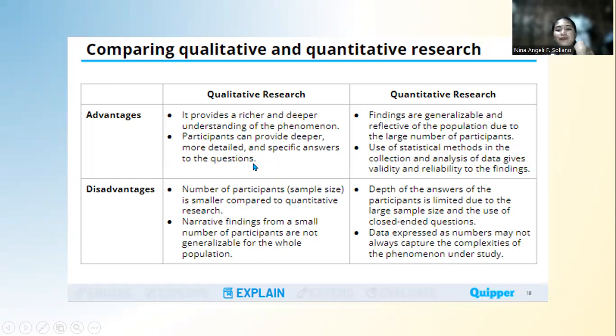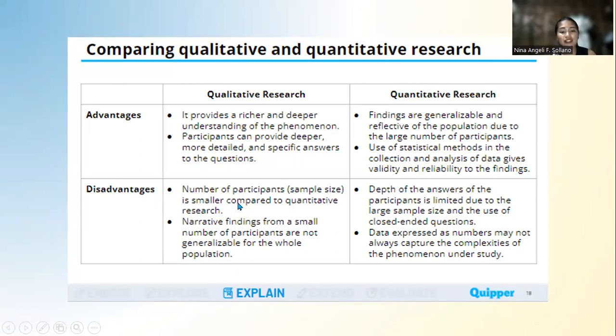But in quanti, you are to use statistical methods in the collection and analysis of the data. Okay, and that way, the validity and reliability of the study is amassed in the findings.